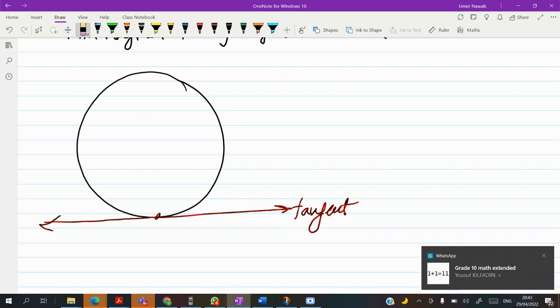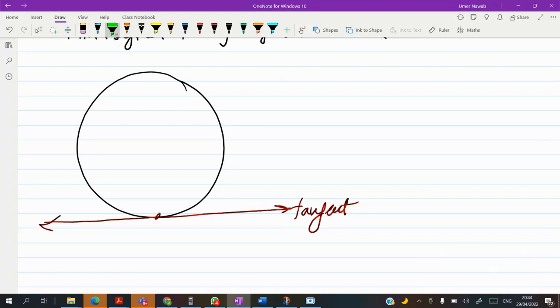However, in this fifth property, if he provides you in the exam a tangent line and the tangent is touching at this point, and this point is called the point of tangency, and I have a radius, a radial segment drawn on the tangent.